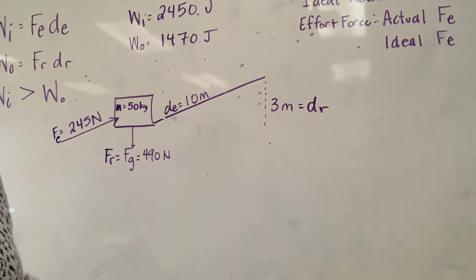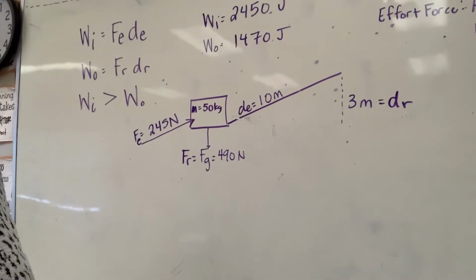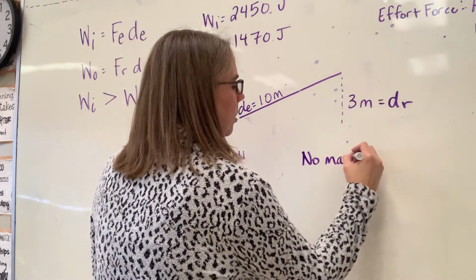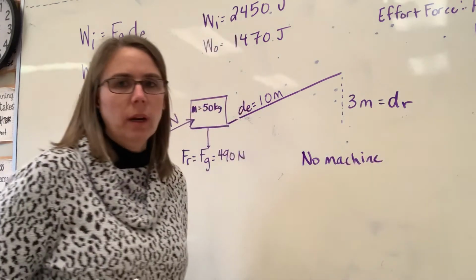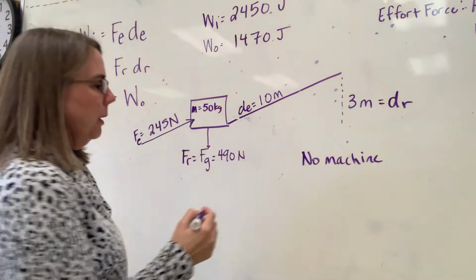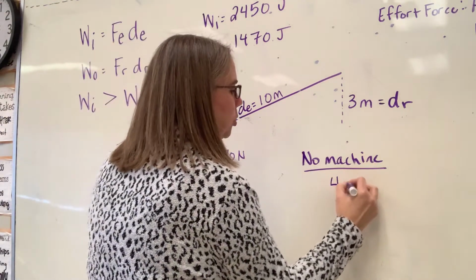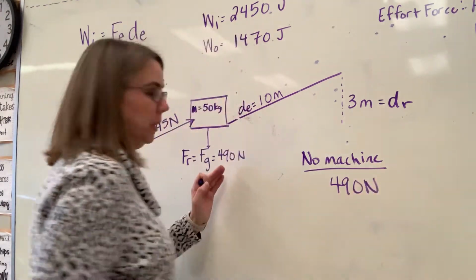Going back to the example of this, moving this box up the ramp, okay? We already decided earlier, if I had no machine at all, how much force would I have to apply to lift this box? If I had no machine, I would have to apply 490 newtons of force to lift it, because that's the weight of the box.